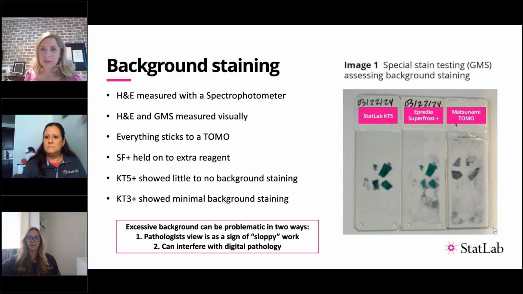It might see that excess silver stain and try to pick it up, interfere with the image being shown, and maybe not pick up the actual tissue as well. Same protocols, same piece of tissue, same stainer, same run, very different results. It's not you, it's your slide if you're getting something like that. Next slide.